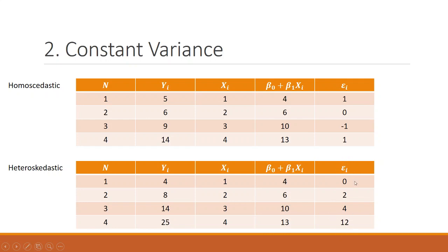The variance of that error term must be much larger when x equals 4 than when x equals 1. And so this is what heteroskedasticity would look like from a data perspective.